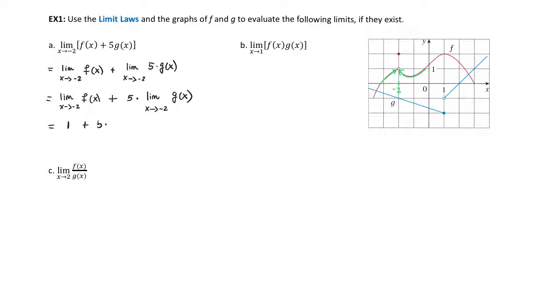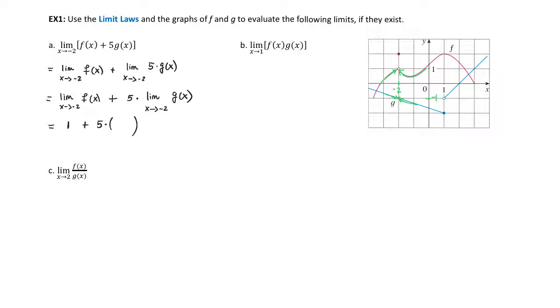Plus 5 times. Now I need to evaluate the limit as x approaches -2 of g(x), so I'm going to transfer to the blue graph. As x approaches -2 from the left, the y values are approaching -1. So here is -1. And as x approaches -2 from the right, the y values are also approaching -1.